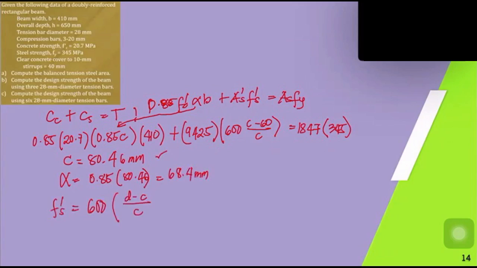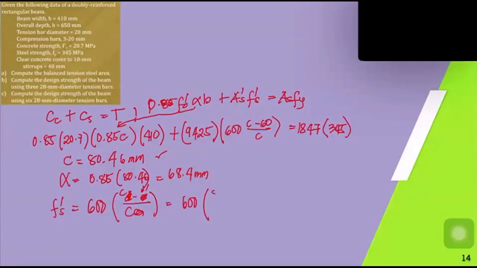So that is 600, sorry, because it is higher, 60. It returns when it is lower, so it is the same: c minus d prime over c.